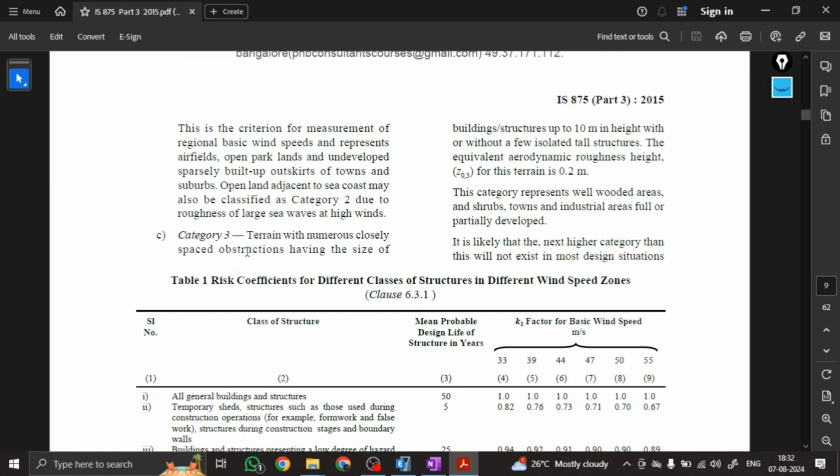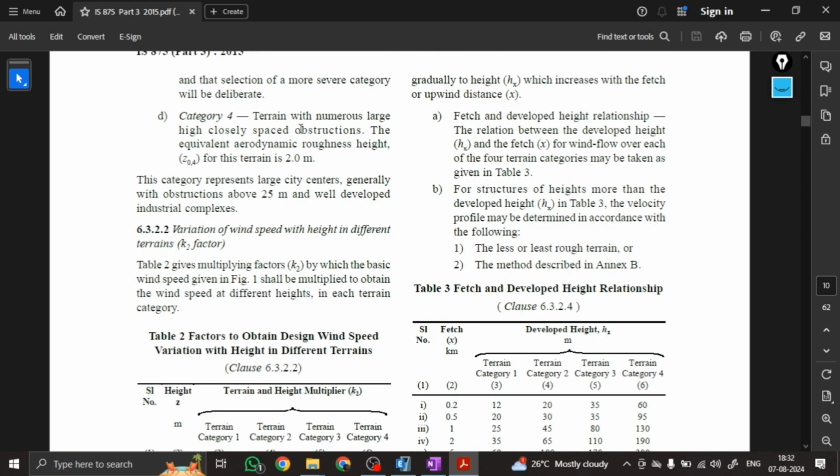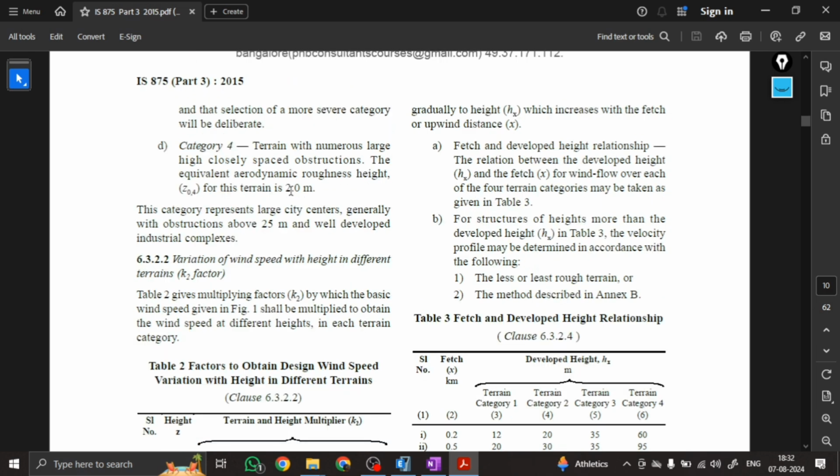In category 3 we have obstructions more than 10 meter height. And our last category 4 is terrain with numerous large, highly closely spaced obstructions, where the obstructions are above 25 meter. This is a very dense city.